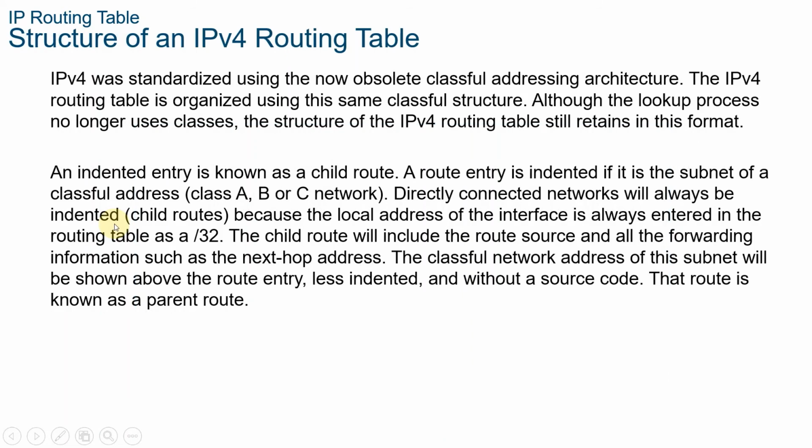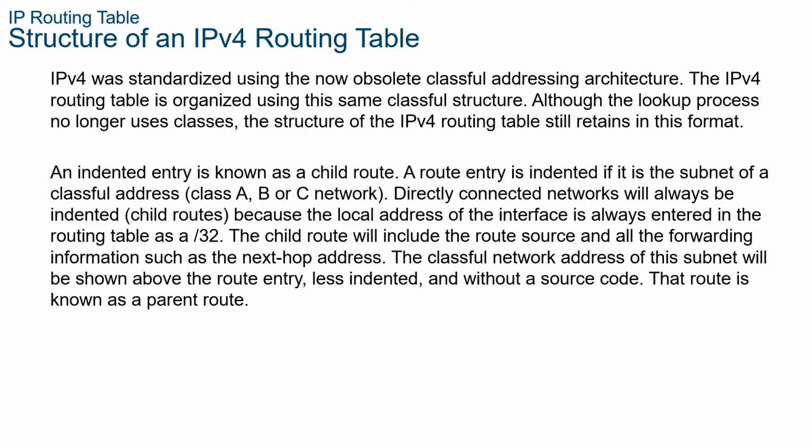Okay, so how about the structure of an IPv4 routing table? So IPv4 was standardized in the early 1980s during the now obsolete classful addressing architecture. So the IPv4 routing table is organized using this same classful structure.